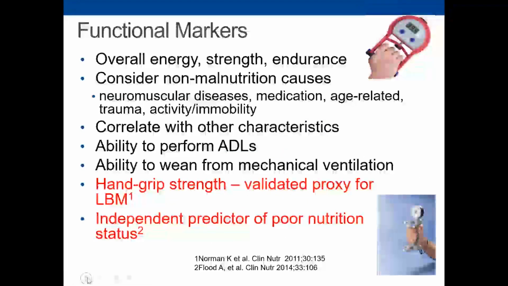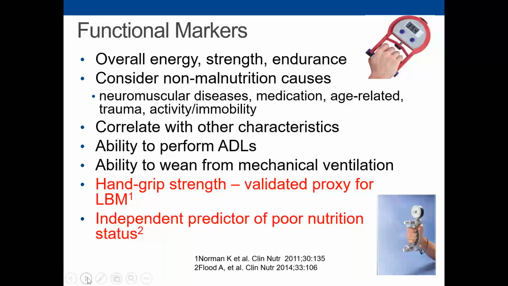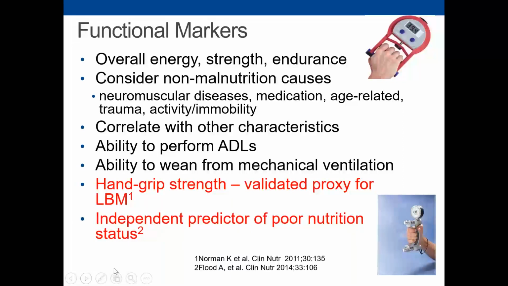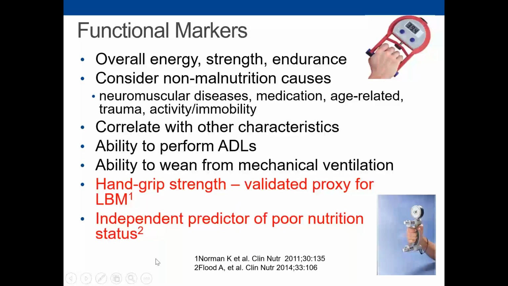And then the last parameter in the consensus approach for malnutrition assessment is a functional parameter. And we chose the hand grip strength because it really is, at this point, the only validated proxy for lean body mass. And until we have a valid functional tool, and I will say that the Academy is actually in the process of beginning its validation study, a very robust study.